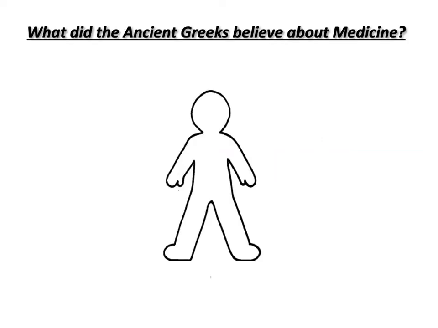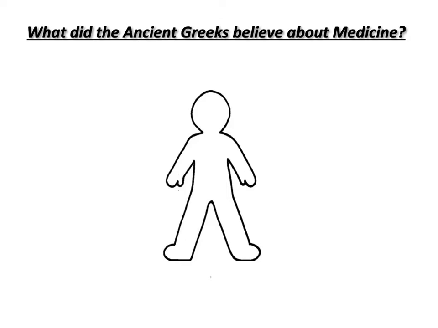So let's start off with what the ancient Greeks believed about medicine. Now there was an extremely influential thinker. His name was Hippocrates. And Hippocrates you may have heard of because we still talk about doctors taking the Hippocratic Oath today. Now Hippocrates came up with the idea of the 4 humours.